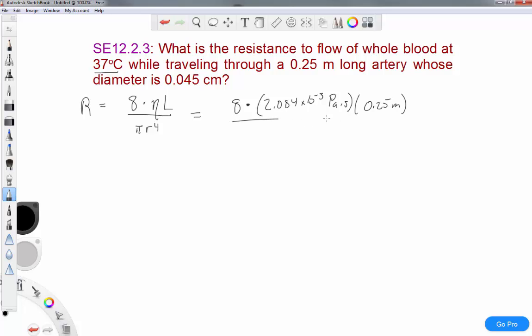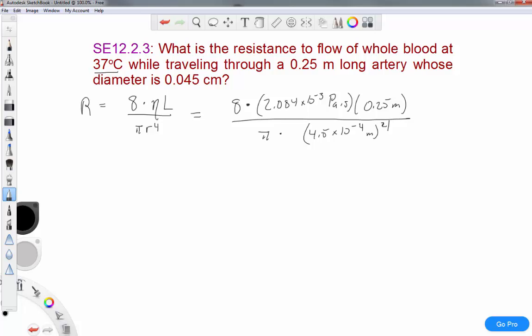And in the denominator we have pi times 4.5 times 10 to the minus 4 meters, and that number is raised to the power of 4.